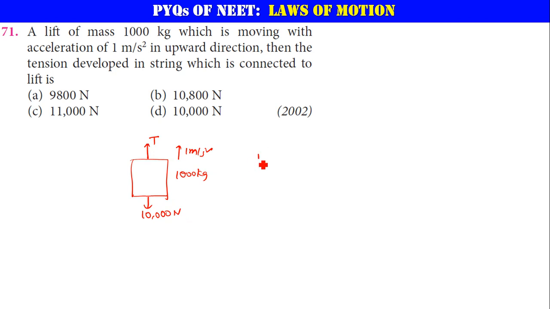Now T minus 10,000 should be equal to mass times acceleration. What is the mass here? 1000 into the acceleration, that is 1. So T minus 10,000 is equal to 1000. That will be T is equal to 10,000 plus 1000, 11,000. Yes, option C is correct.